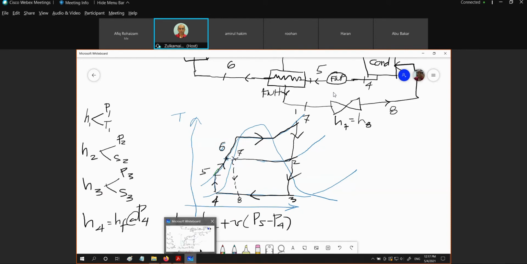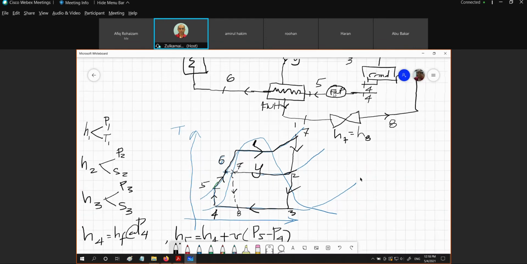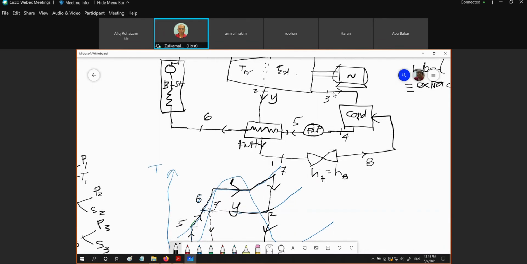If this is the flow rate of 1, this is what we are going to have: Y flowing into the feed water heater. The balance right here, how about 3? Can you see the 3? This is 3 coming in plus the Y. Okay, remember from here we have 1 minus Y. Right here we have Y. So what is coming out from 4 is 1 again.